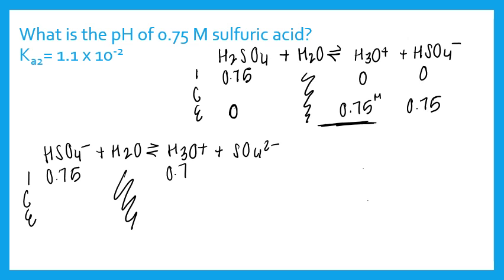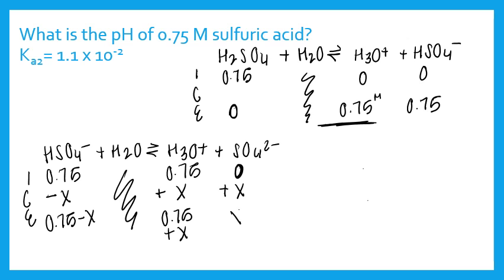H3O plus, we initially have 0.75. We've made some from the previous step, and we need to keep that in mind and carry it over. And then our SO4, we have none. So we have the change. In this one, we get 0.75 minus x, 0.75 plus x, and for this one we get x.